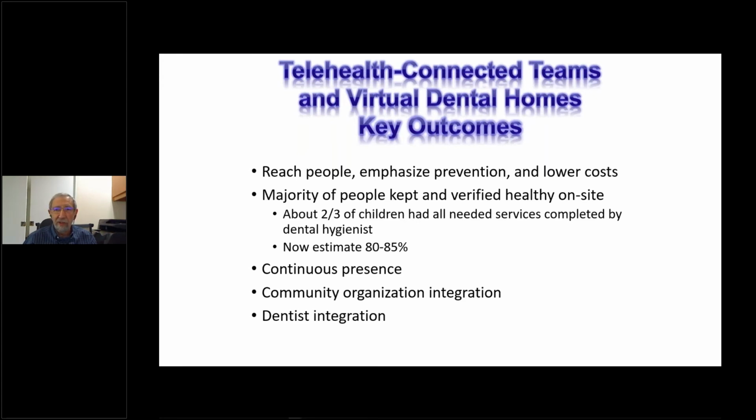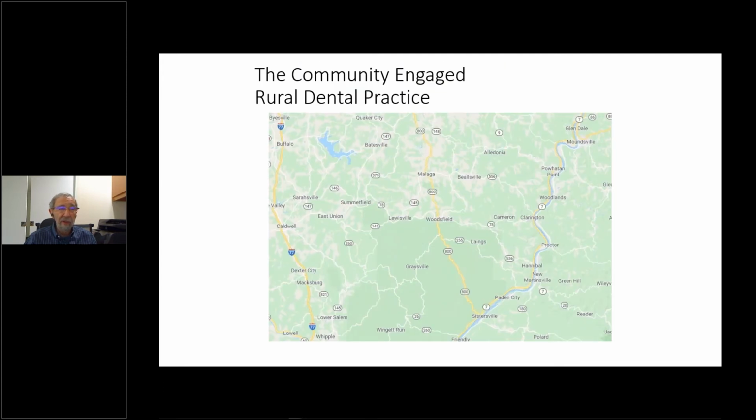So just one quick example of how this can make a difference. There's many of them, but the common wisdom in the oral health industry is that you really can't have a dental practice in a little rural community because it's just not enough of a patient base to make a paying practice for a dentist.